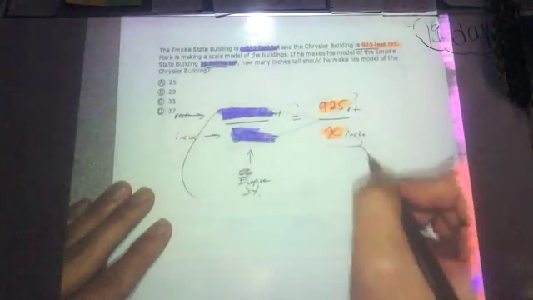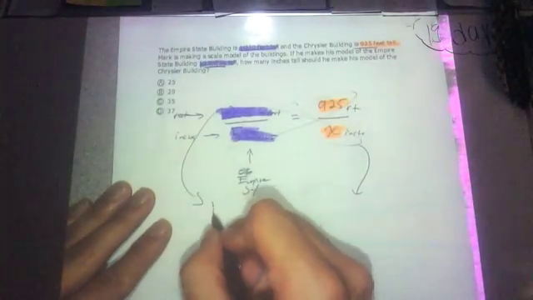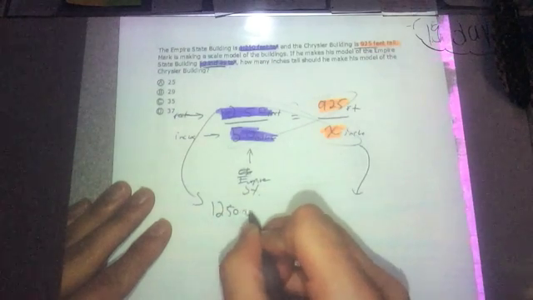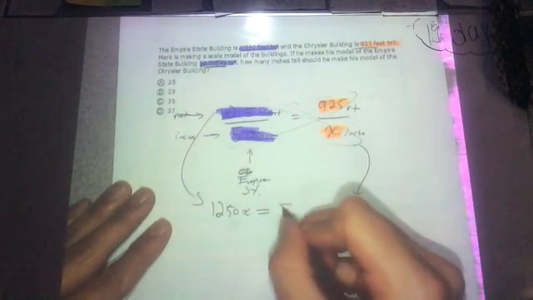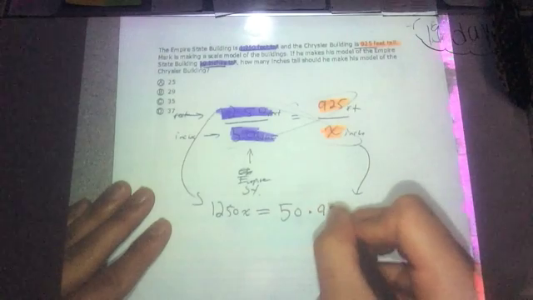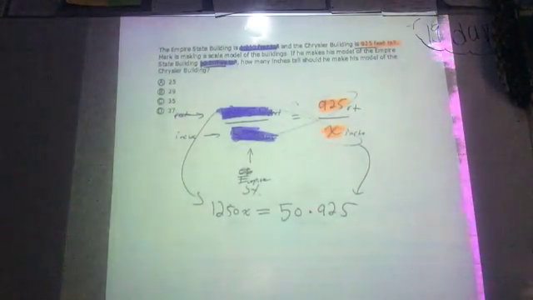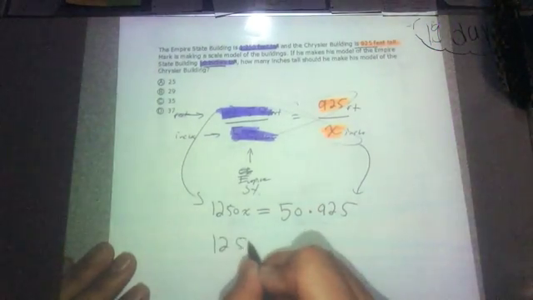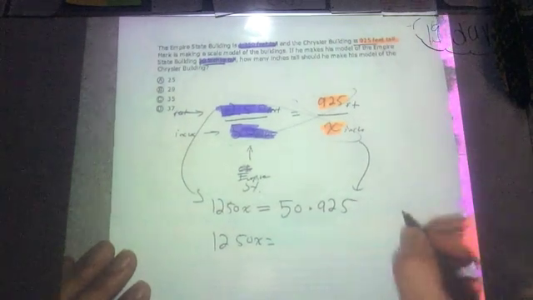Now we just need to cross multiply and then set the products equal to each other. So we have 1,250 times x is going to be equal to 50 times 925. Okay, so we have 1250x is equal to, let's go ahead and do this multiplication.